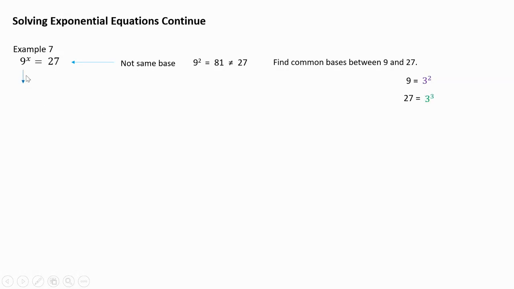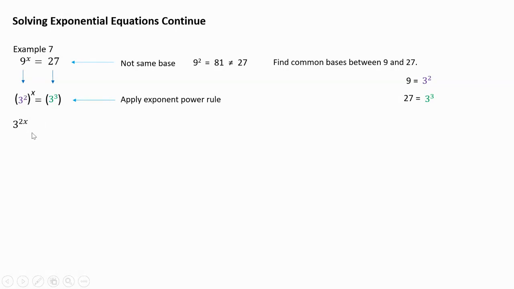So then we go back here to the example. I'm going to replace the 9 with 3 squared, and then keep the exponent, the x, and I'm going to replace the 27 with 3 cubed. Right now here on the left, I'm going to apply the exponent power rule, which means that when you have a power to a power, you multiply the powers.